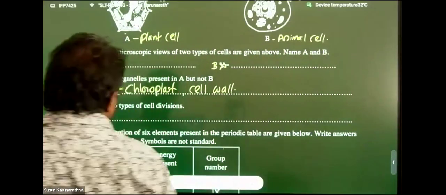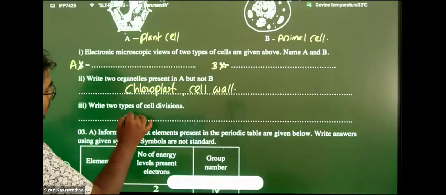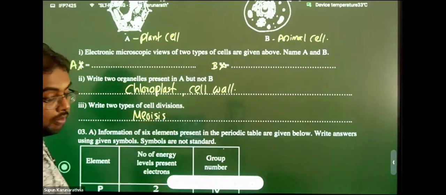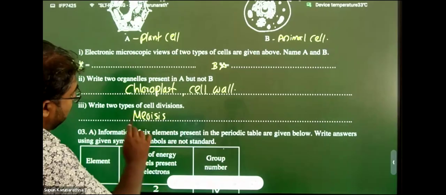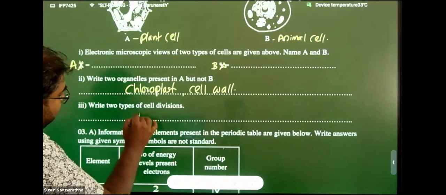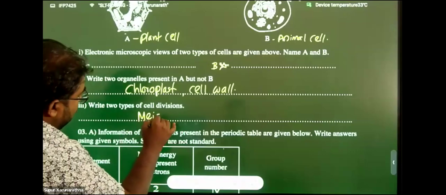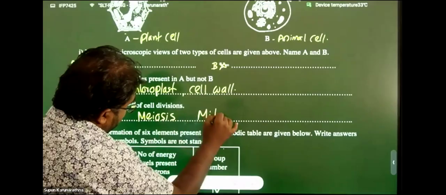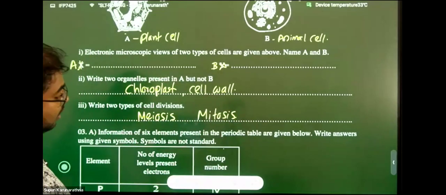Write the two types of cell division. Meiosis and mitosis. Mind the spellings.